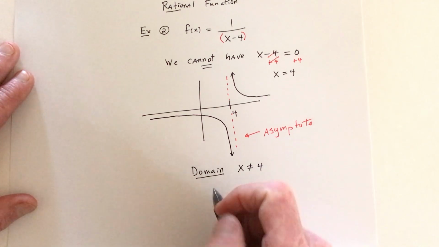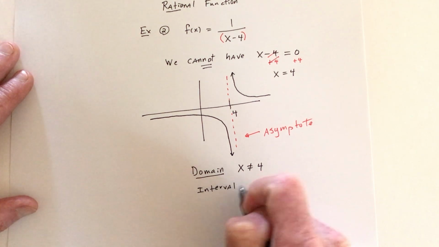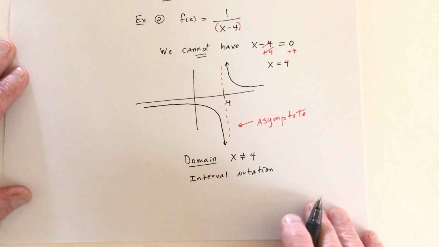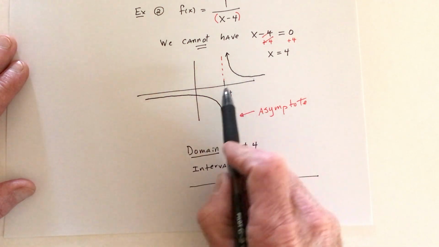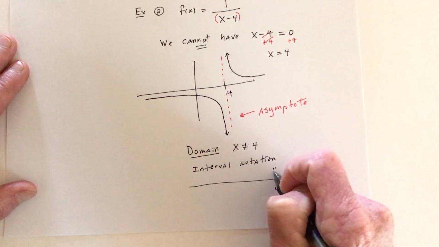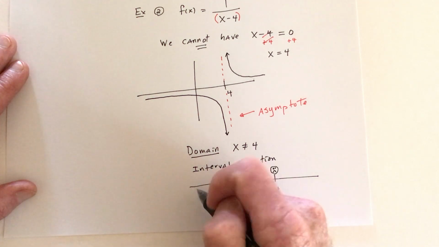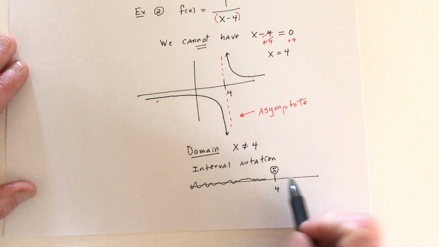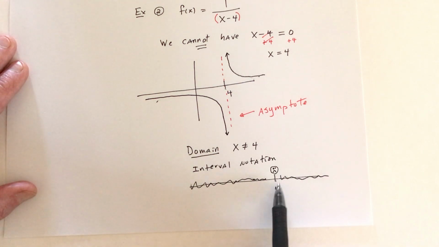On the homework, if they ask you for the interval notation, that's basically saying if you look at the number line, so this number line right here, and 4 is not possible, so a little sad face right there. So everything else is fine. All of these numbers are fine because the graph exists. And all of these numbers are fine because over here the graph exists. But it does not exist at 4.